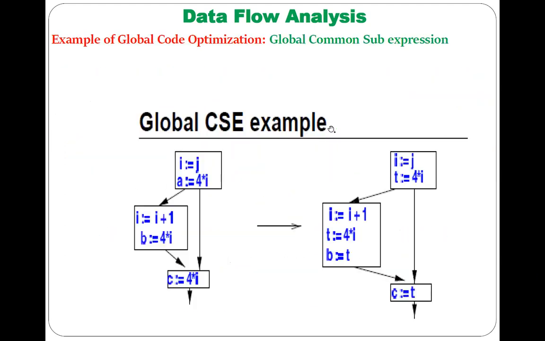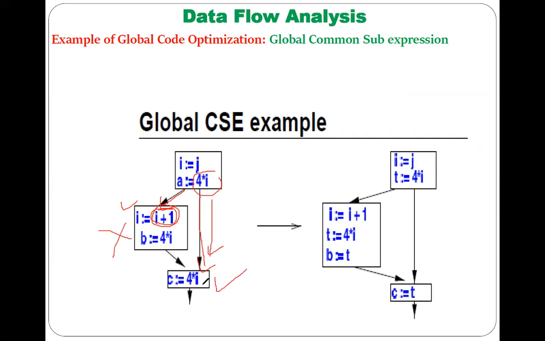Now here in this example, 4 into I goes from this direction to this block and from this direction to this block. In one direction the value of I is getting changed, but in the other direction the value of I is not getting changed. That is the reason it is available at this point, but not available at this point.